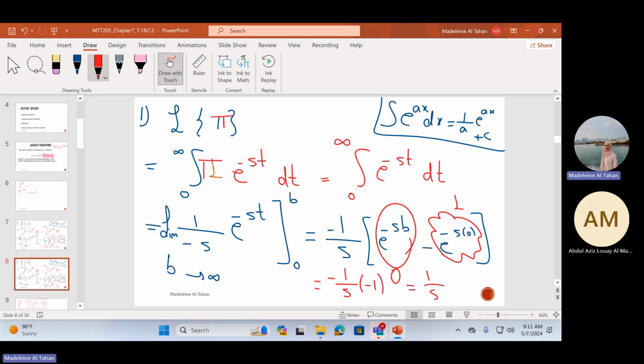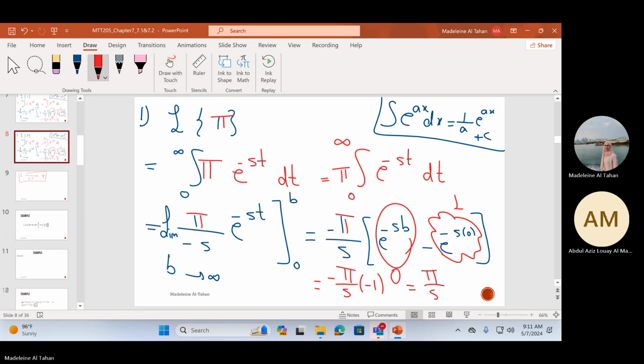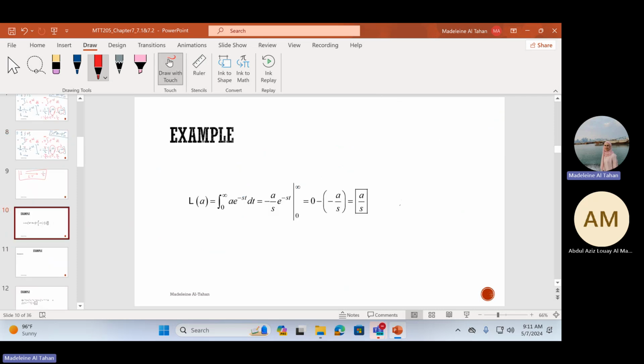Here, what will we put? Pi. This pi, can you put it outside? Okay. So we will get pi, and what will be the answer? We should get the answer pi over s, right? So in general, miss, Laplace of a constant is constant over s. So when we have a constant, it will go to constant over s under Laplace transformation. Does it make sense, miss?